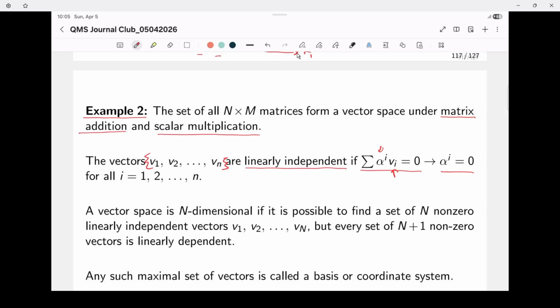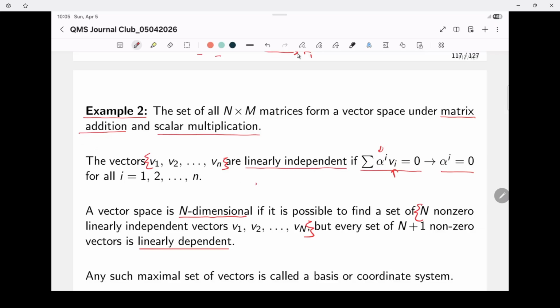So if let's say you can find a set of n non-zero linearly independent vectors, so let's say v1 until vn, but when you add one more non-zero vector inside, it becomes linearly dependent, then it means that your vector space is n-dimensional.